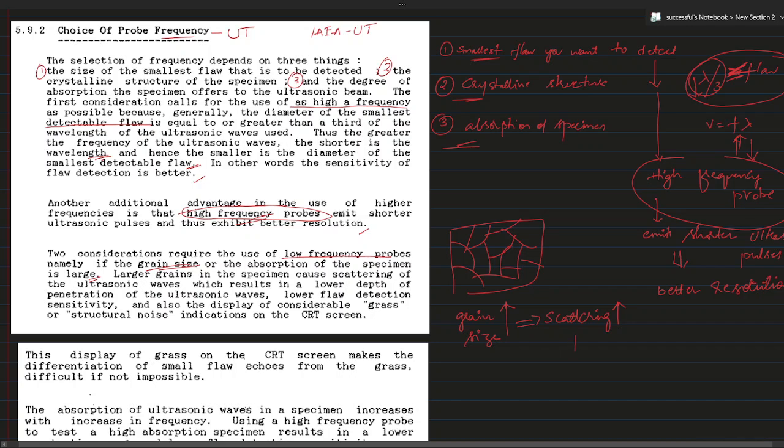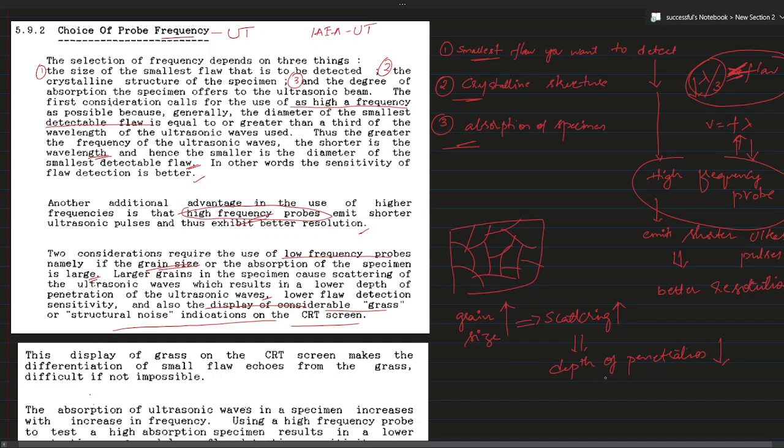If scattering increases, depth of penetration decreases, giving lower flaw detection sensitivity, and also the display of considerable grain or structural noise indications on the CRT screen.